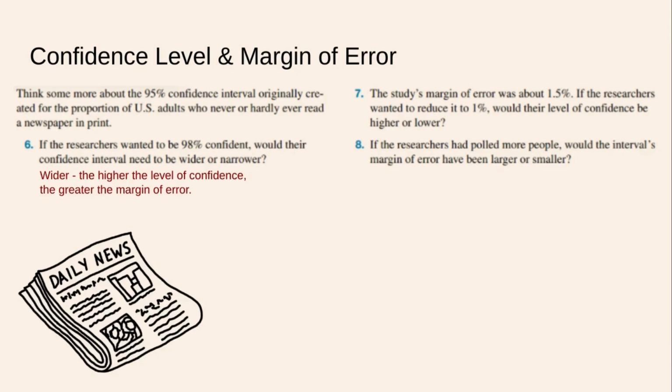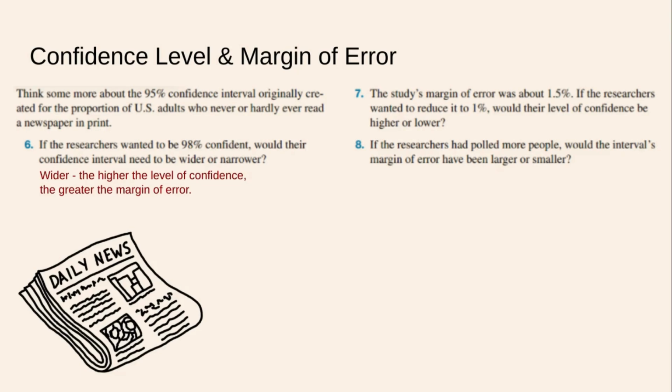Let's look at number 7. The study's margin of error was about 1.5%. That's our original example. If the researchers wanted to reduce it to 1%, would their level of confidence be higher or lower? So the margin of error is decreasing.